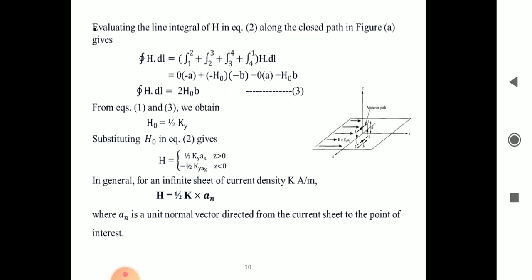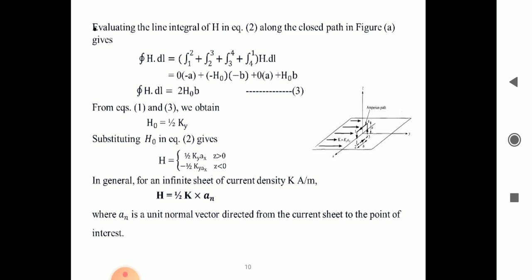By seeing this, we have the values 0 minus a plus minus H naught minus b plus 0 a plus H naught b. We are going to have 2 H naught b. From equations 1 and 3 we obtain H naught equal to 1 by 2 Ky.